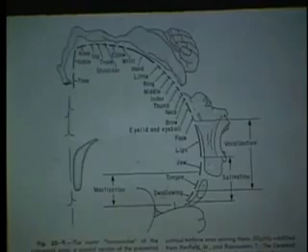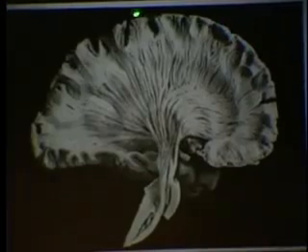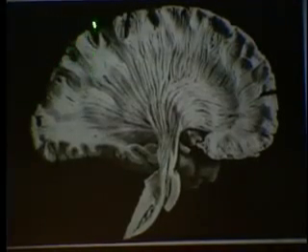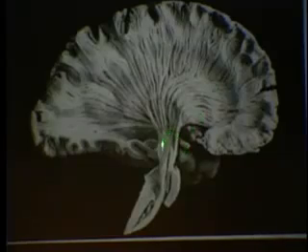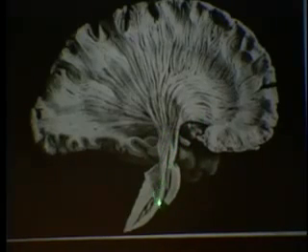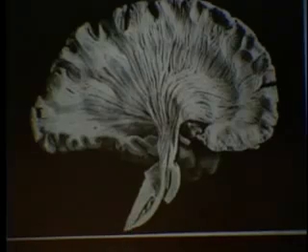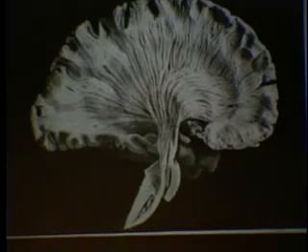In the next one, this is showing the corona radiata. Here's my cortex out here on the gyri and sulci. The axons have to get all the way down to either as corticobulbars to cranial nerve nuclei in the brainstem, or corticospinal to anterior horn cells.